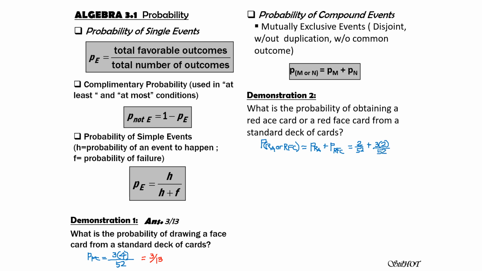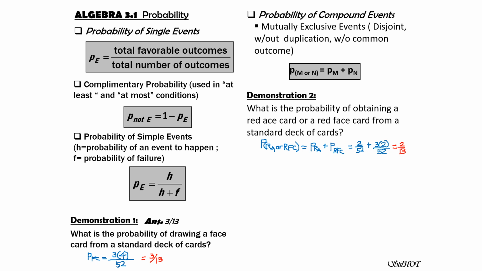So that would be 8 over 52, and 8 over 52 can be reduced to 2 over 13. So the answer is 2 over 13.